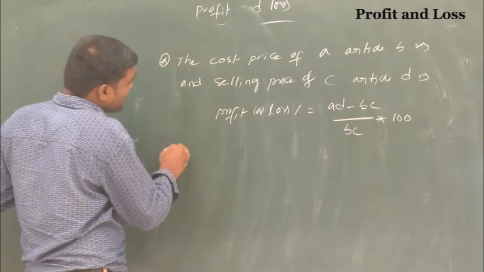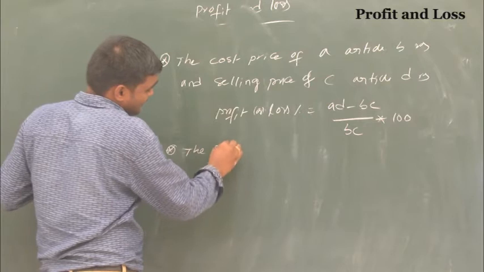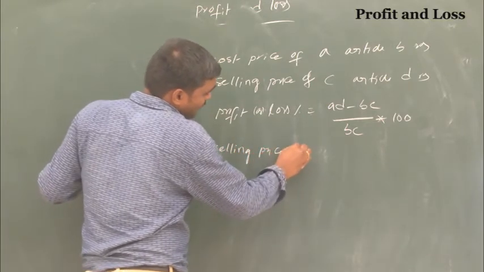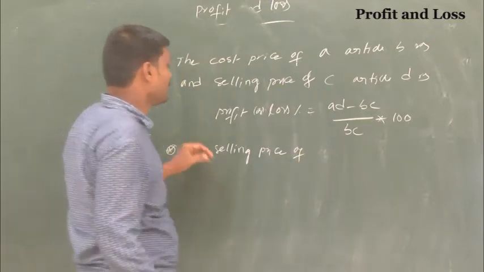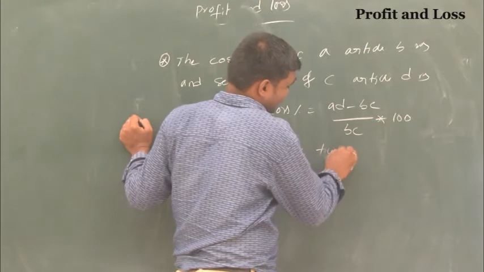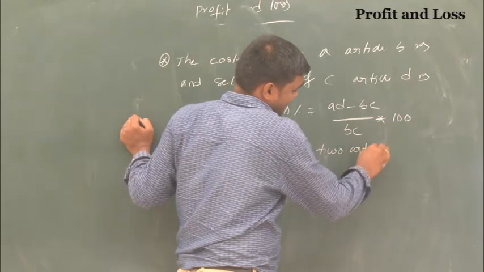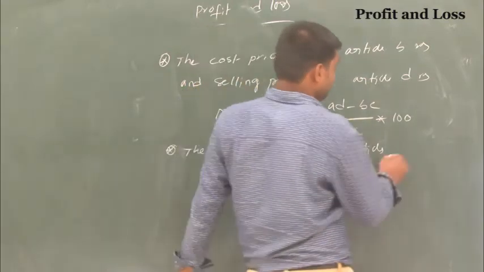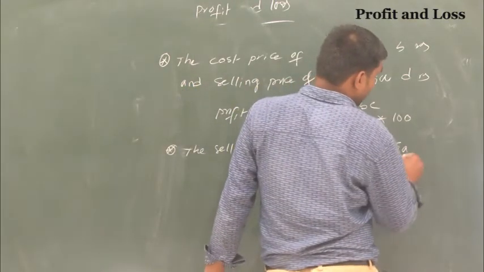The next one: the selling price of two articles is the same for each.